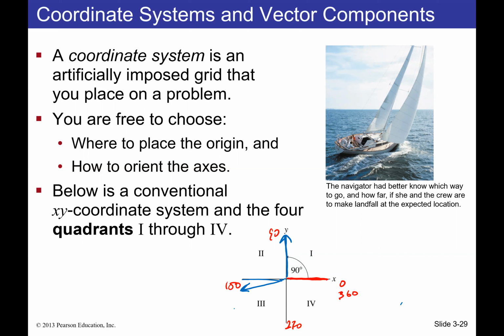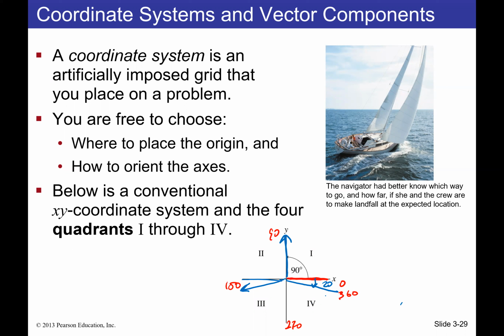If I tell you a vector at negative 25, hopefully you know where it is. Negative means clockwise with respect to the positive x-axis, unless I specify otherwise. Negative 20 means clockwise 20 degrees. That's my negative 20.